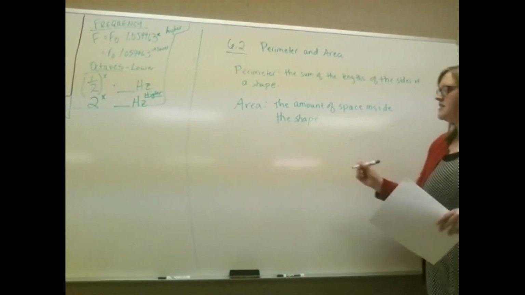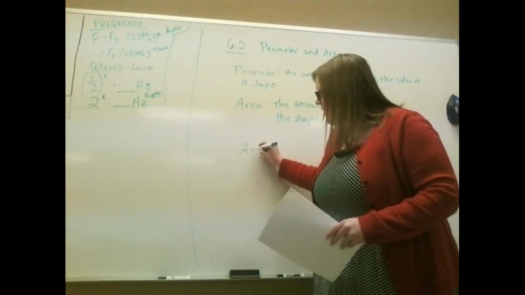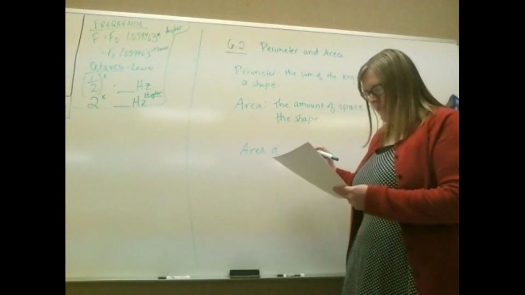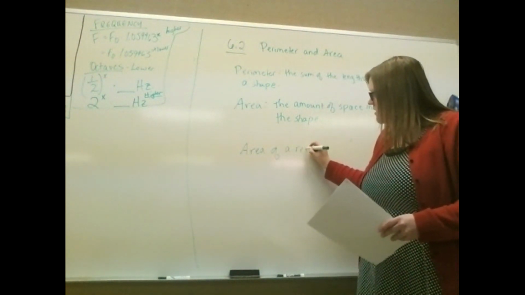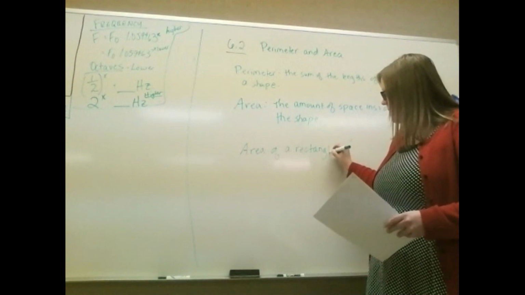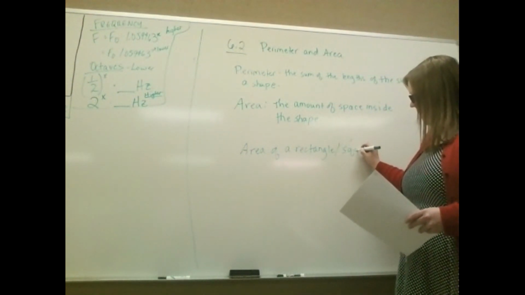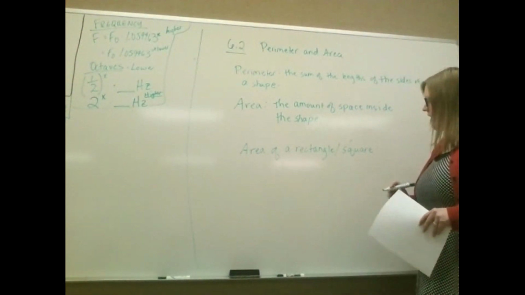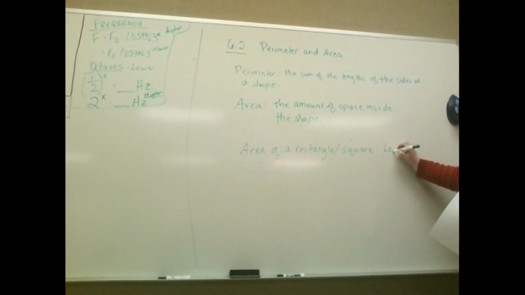All right, so you also need to know 3 formulas. The area of a rectangle or a square, because it's the same formula, is the length times the width is the area.